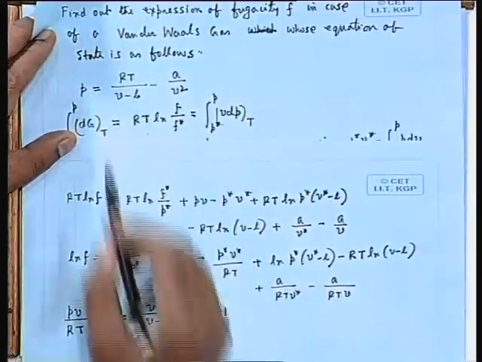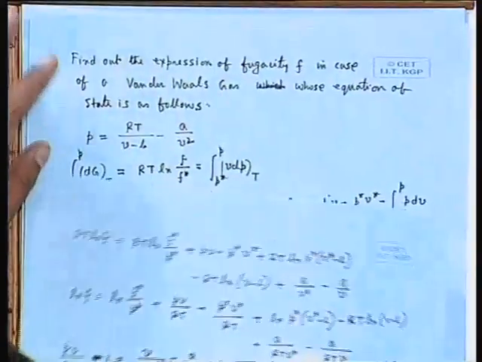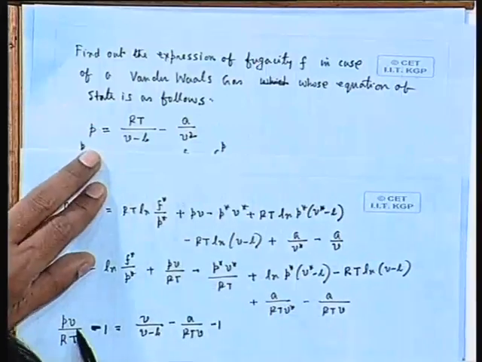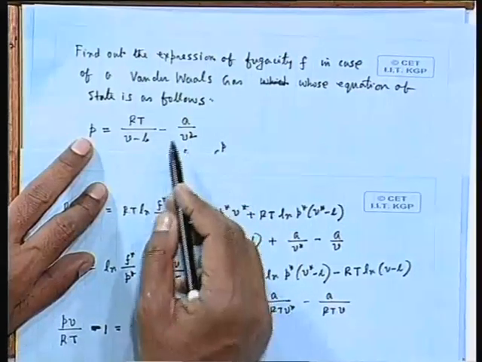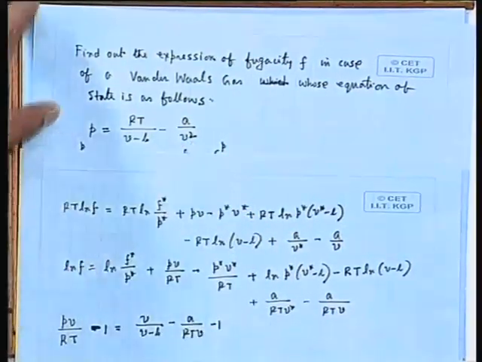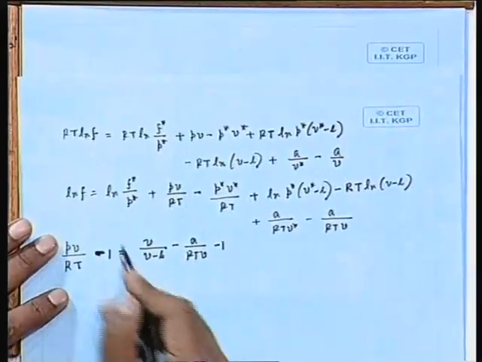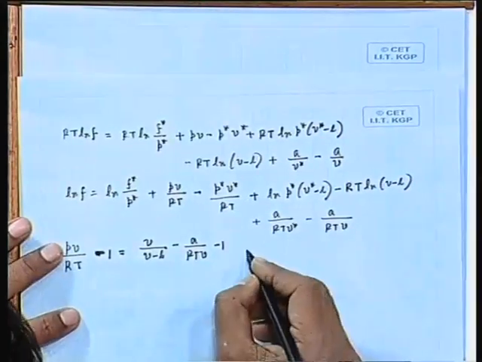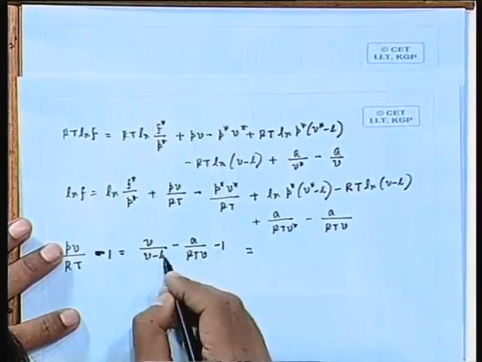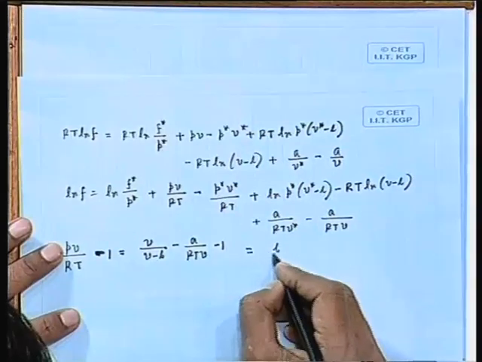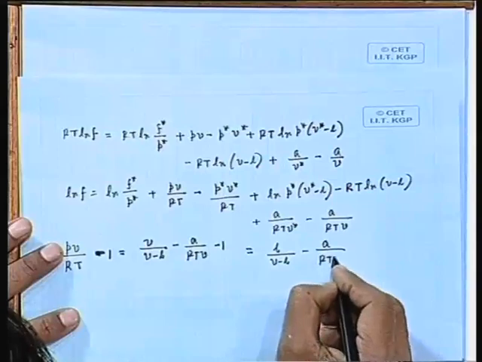I just multiplied with V and divided by RT. So from this equation of state I can write that PV/RT minus 1 becomes equal to V/(V minus B) minus 1 minus A/(RT V), that is, B/(V minus B) minus A/(RT V).